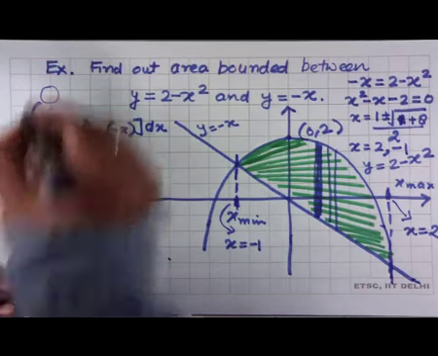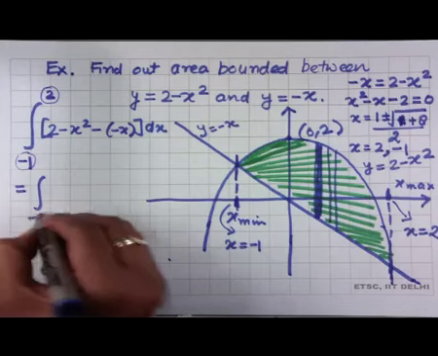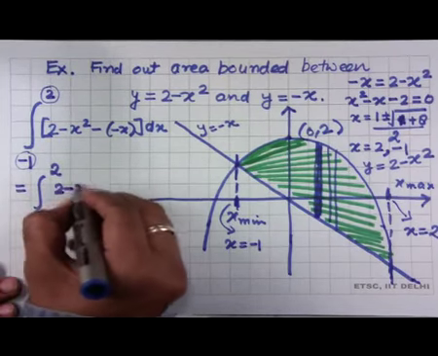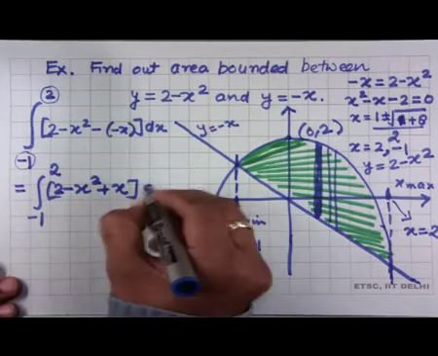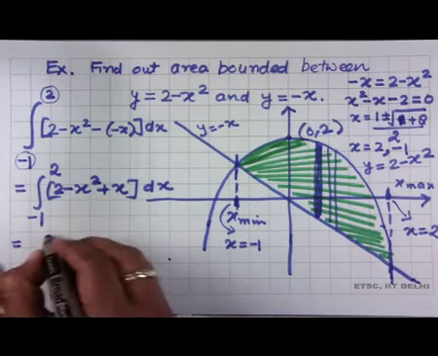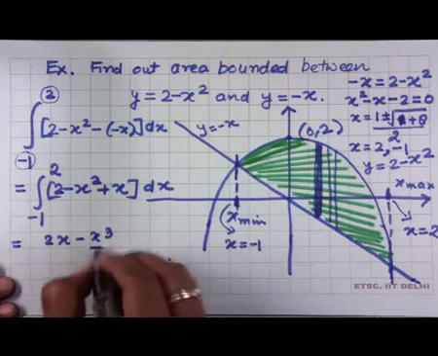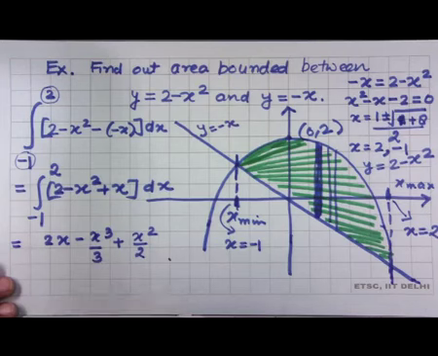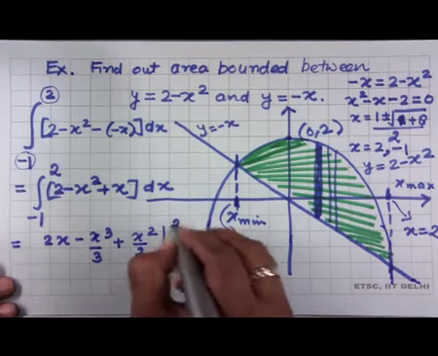So, we need to put the limits over here and we get 2 minus x square plus x dx integrated, we get 2x minus x cube by 3 plus x square by 2, minus 1 to 2.